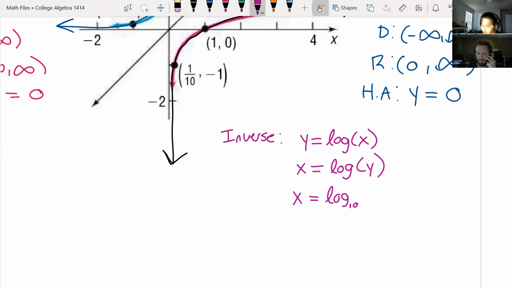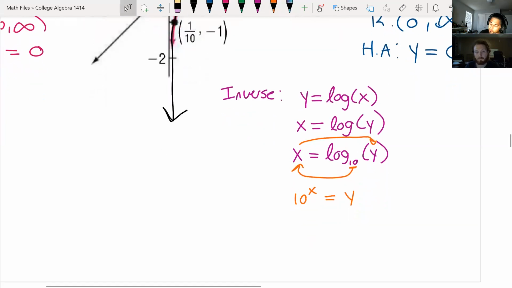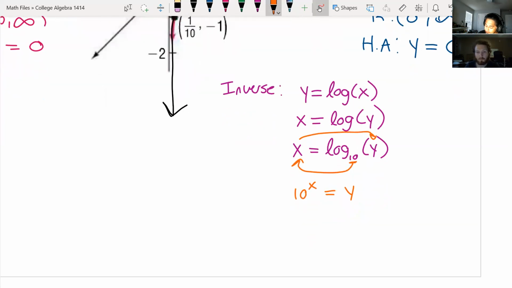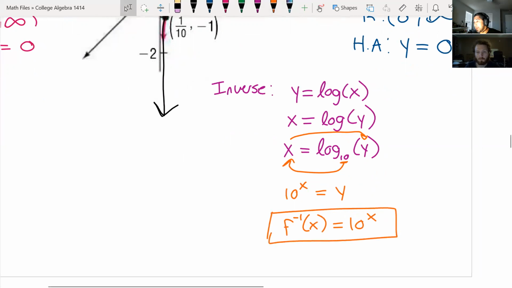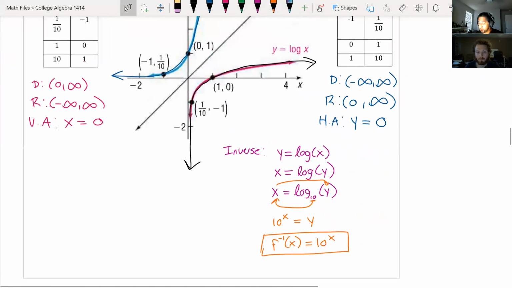So I'm going to rewrite the base of 10, and now we will convert. You get base 10, raise it to the x, so 10 to the x, and set it equal to the inside of the log. 10 to the x equals y, which means you finally have the inverse: f inverse of x is 10 to the x. So algebraically, that is how you find the inverse of the logarithmic function.